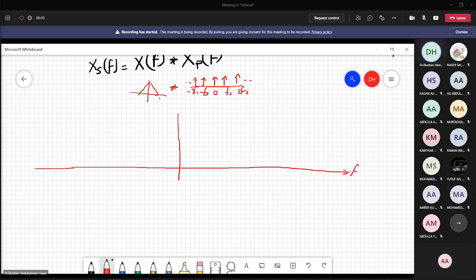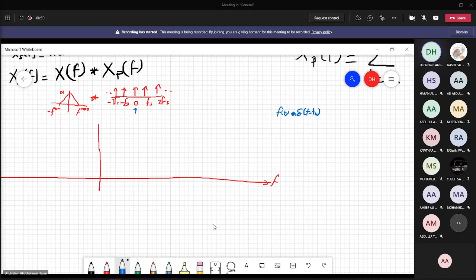So let me say that this is f max, and this is minus f max, and here we have alpha. Okay, first we'll get this one convolve with 0. And we know that convolution with a delta, I will get exactly the same. Okay, so f of t convolve with delta t minus t naught.